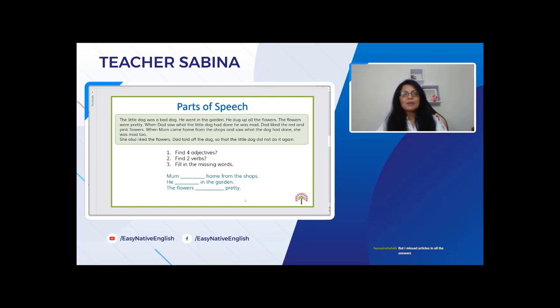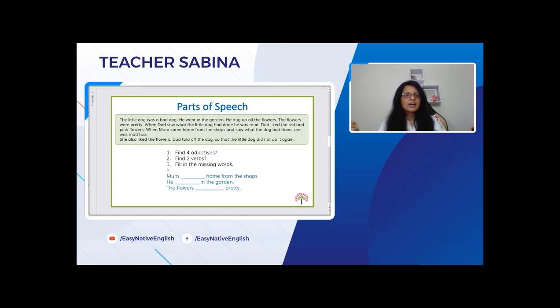That's the point. Don't miss your articles when you're speaking, and don't miss your articles when you're writing. You need to put your articles in. You didn't miss it in all the answers. You put one in the last answer, but you missed it in the second part of that sentence. So you put it in sometimes and then you don't put it in other times. Okay? Right. So let's move on to the second part.